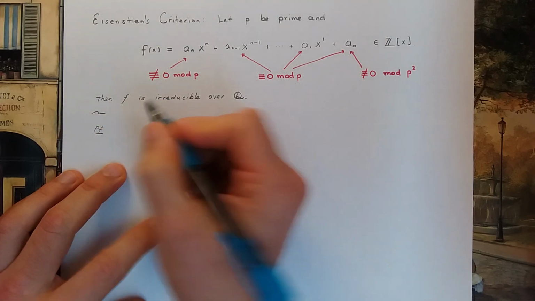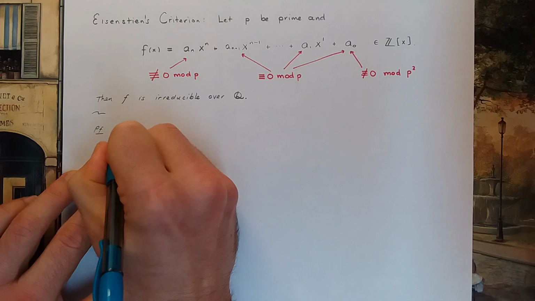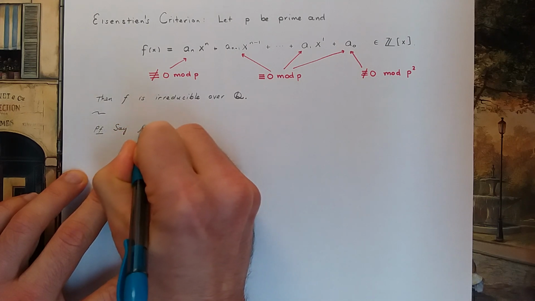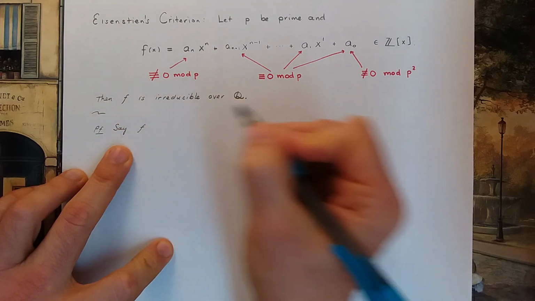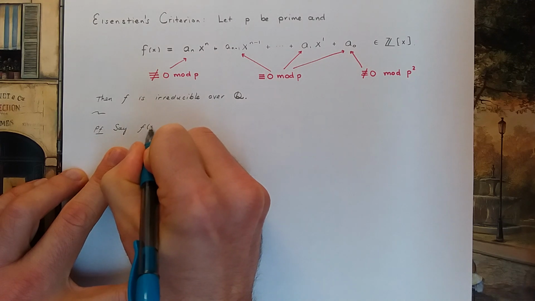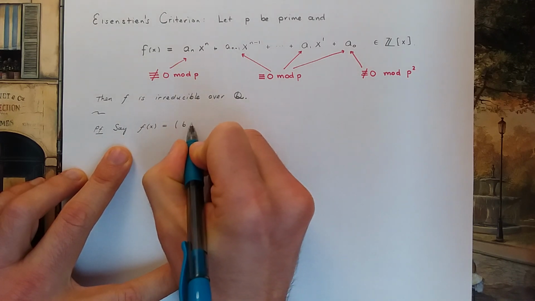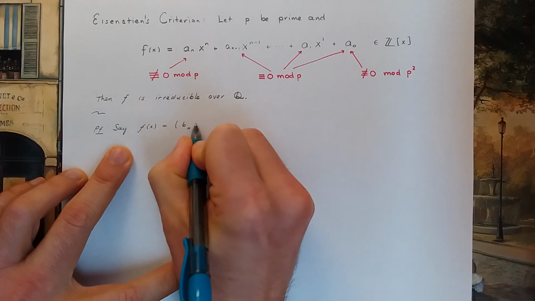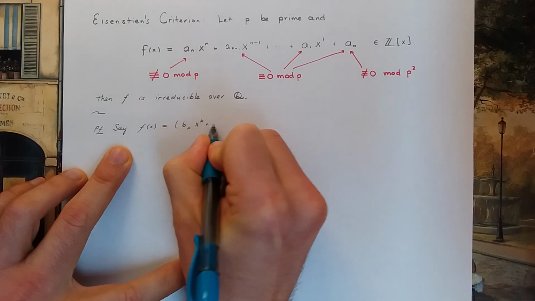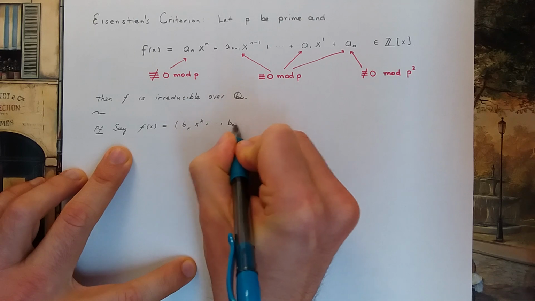Let's suppose it is reducible. This will be a proof by contradiction. So let's say that I can factor f over the integers. So I could factor it as b_k x to the k, plus a bunch of terms, plus b_0.